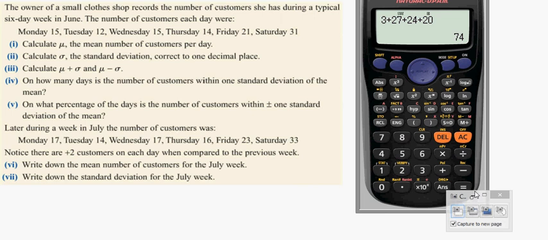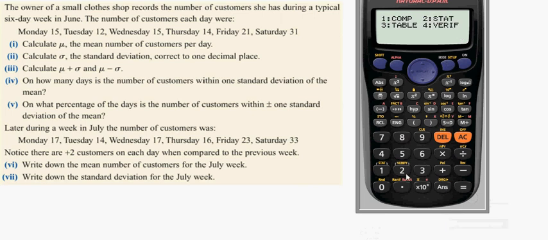To do that, we're going to go to mode, stat mode, one variable. On Monday there was 15, Tuesday 12, Wednesday 15, Thursday 14, Friday 21, and Saturday 31. Now we get the mean of customers per day.